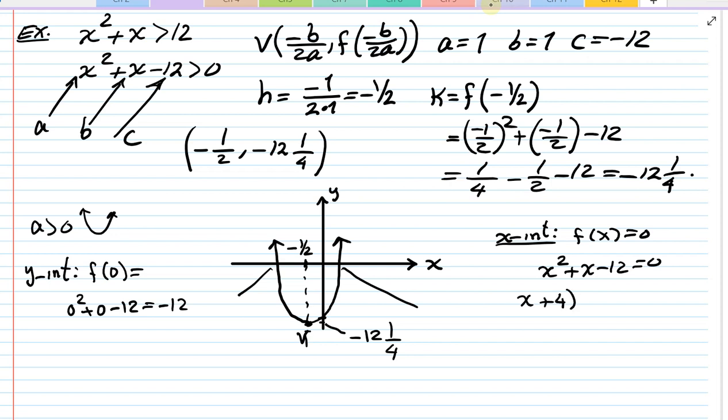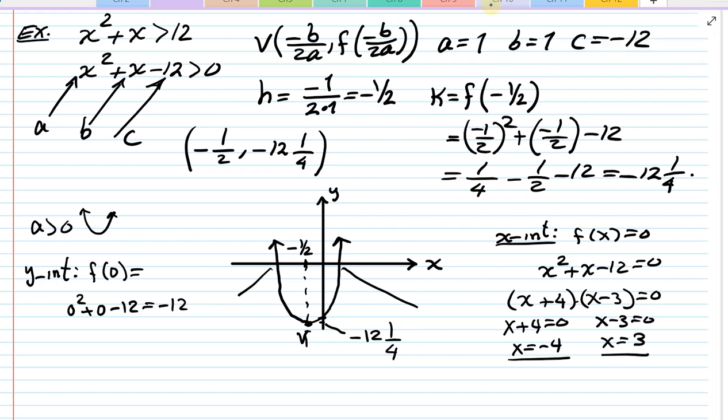This is factorable: x plus 4, x minus 3. And for each factor, we set it equal to 0 by the zero factor theorem. The premise is that if two things multiply to 0, at least one of them must be 0.